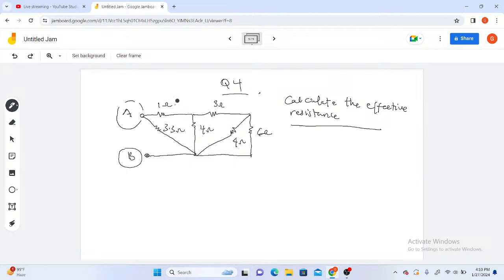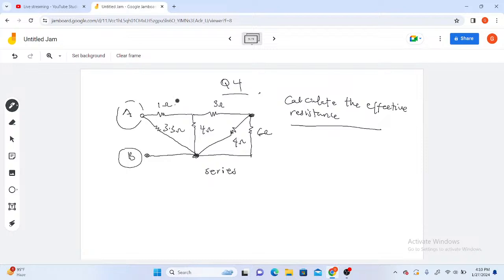So the question is, are these two resistors in parallel or in series? Because they are the two we are considering first. When I consider this part, there is a node here. There is another node here. Please, this is not a node. Once there is a node, then it means it can't be series.